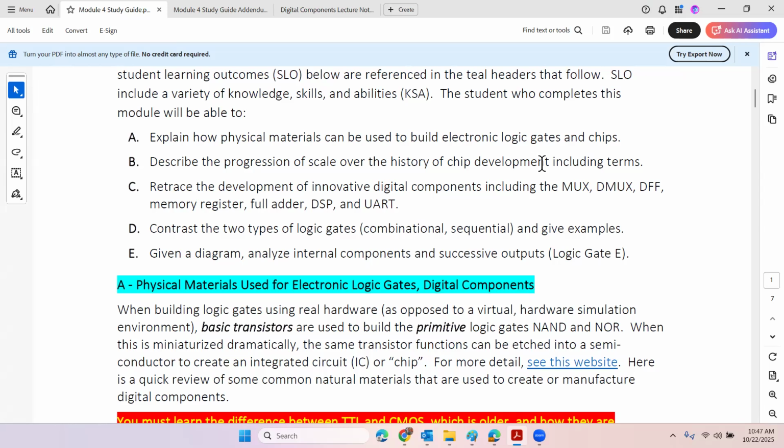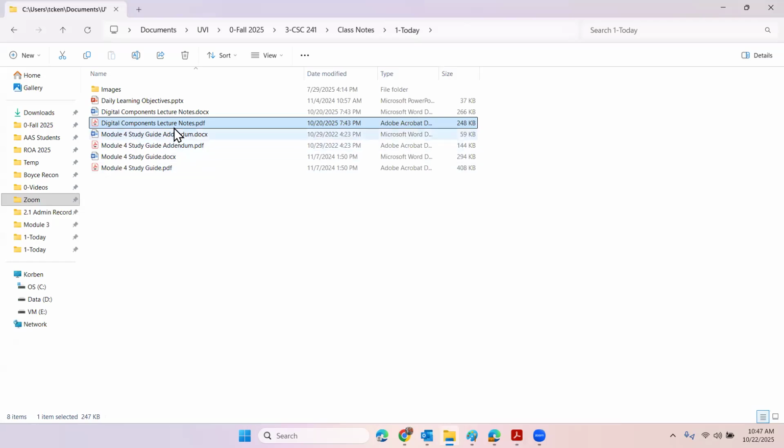Yes. Now, does everybody remember the mux and the demux? Yeah. Okay. In chapter 3, did we have something called a DFF, a digital flip-flop? I'm just trying to remember if it was in the study guide.